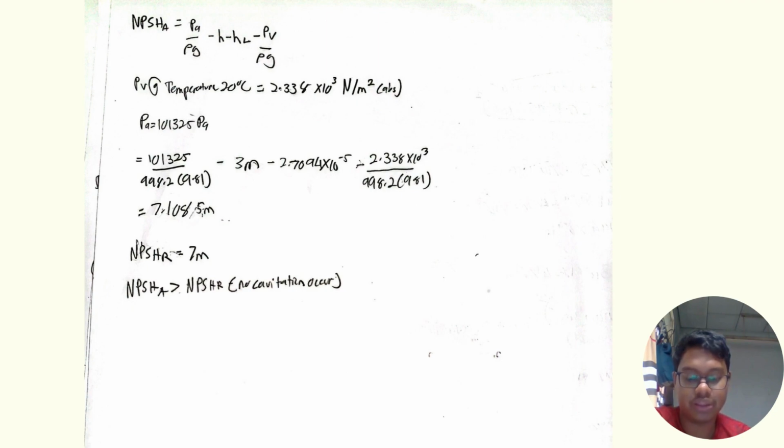And then we obtain the NPSHA equals 7.1085 meter. So our NPSHR is 7 meters, and our NPSHA is greater than NPSHR, so there will be no cavitation factor in pump 2.